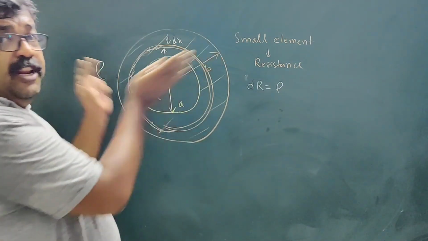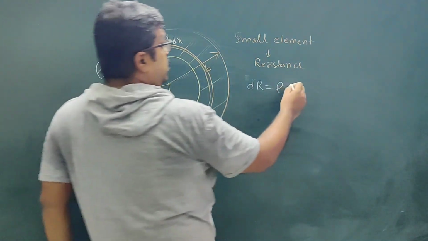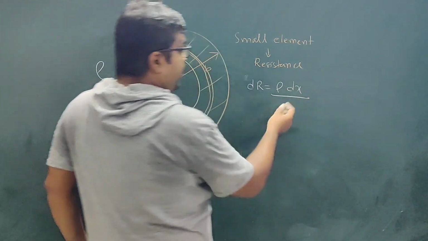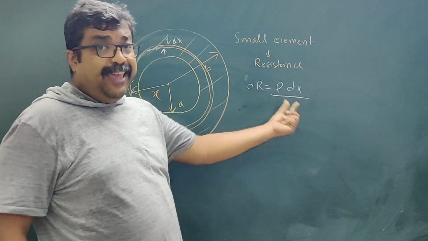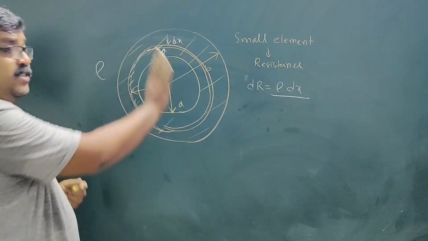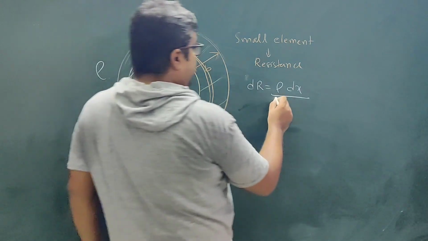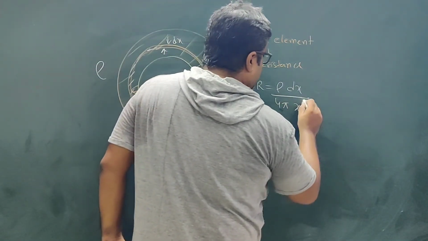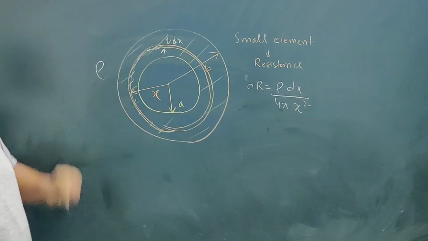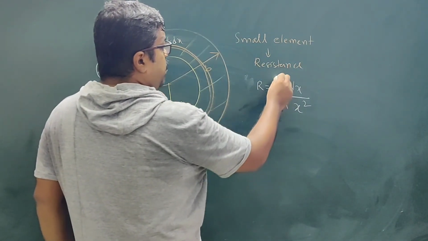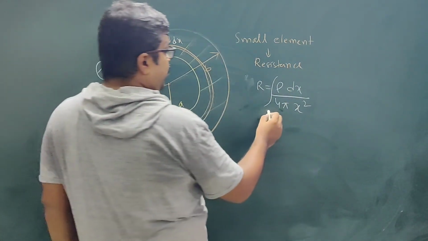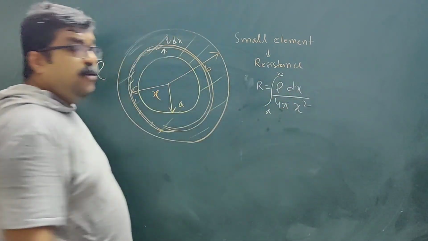This is divided by the area. The general formula is R equal to rho L by A. The area is the surface area of the shell, which is 4 pi x squared, where x is the radius of the shell. The resistance will be obtained by integrating this from A to B.